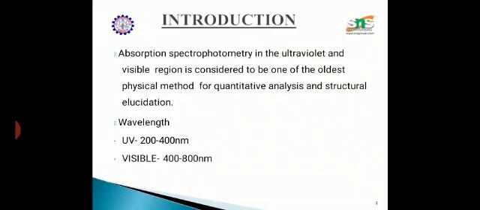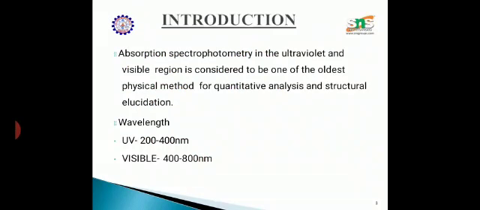So how much light will come out? There is a difference between the light getting in and the light coming out. Depending upon the concentration it will change because there will be an absorption.